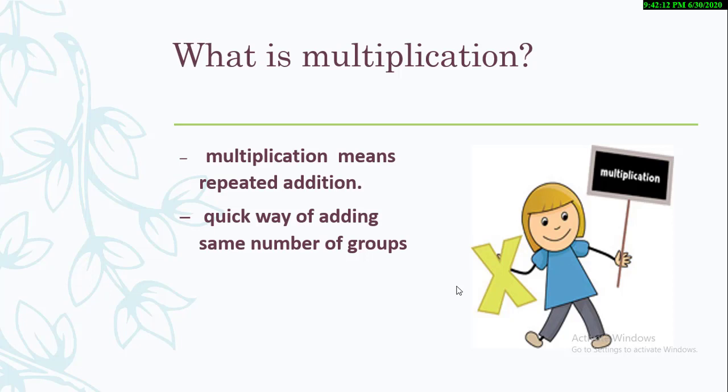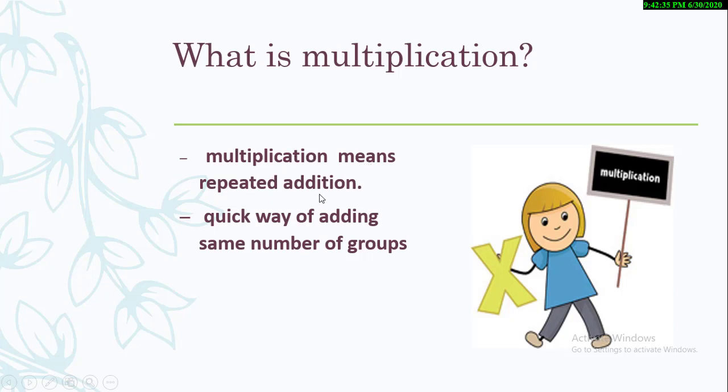The definition of multiplication is written in front of all of you, and I want you to learn and revise it. Whenever teachers ask you what multiplication basically is, you should know that multiplication means repeated addition.